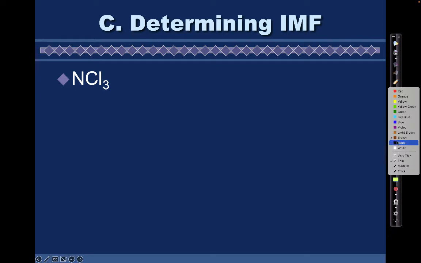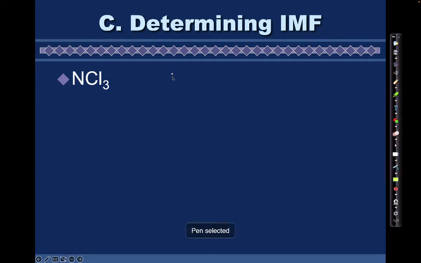Okay, so let's determine the intermolecular force. For NCl, I'm going to draw the Lewis structure. We always start with that Lewis structure. Remember, we're looking for those lone pairs on the central atom. We want to know what the shape is. Right here, we have one lone pair and 3 atoms bonding to it. That is going to be an asymmetrical shape.